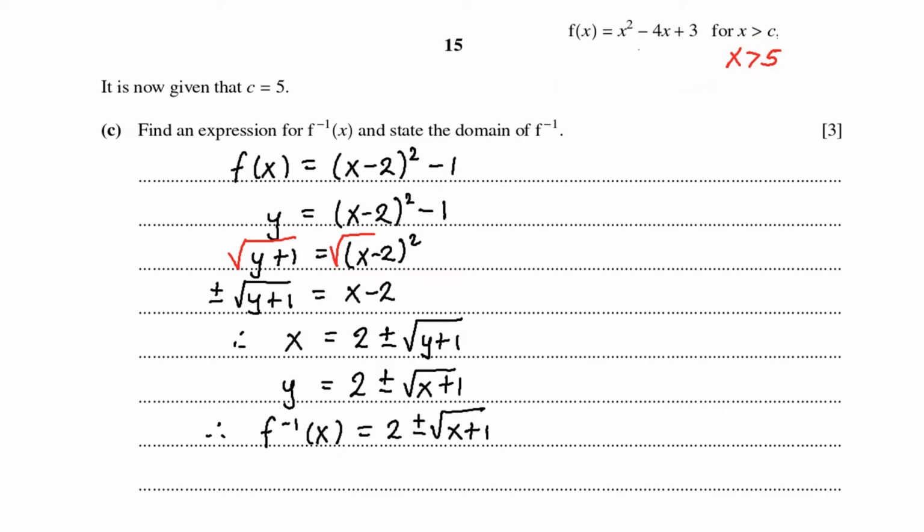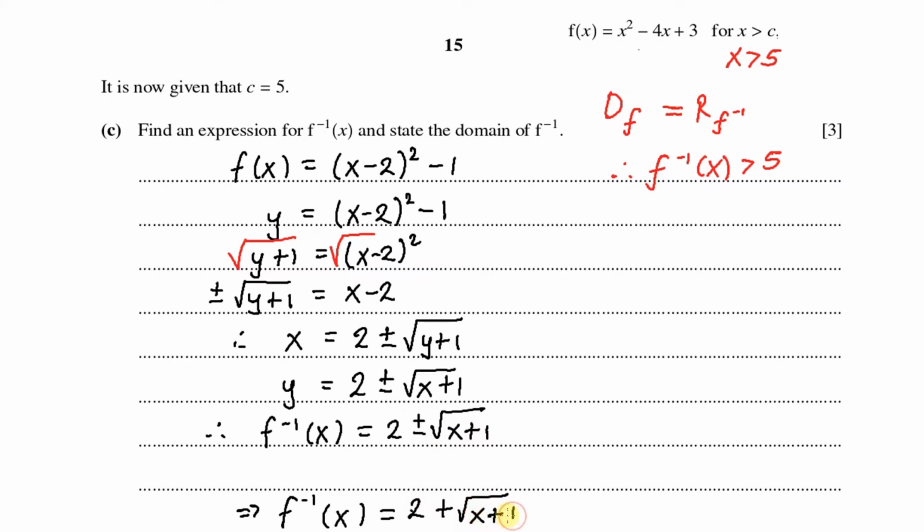Now, what you need to understand is that the domain of the function is comparable to the range of the inverse function. And what that means to us is that if the domain is x greater than 5, the range of the function f inverse will be f inverse of x is greater than 5. So it means that the f inverse of x is defined when we have 2 plus square root of x plus 1. So this here is the inverse.